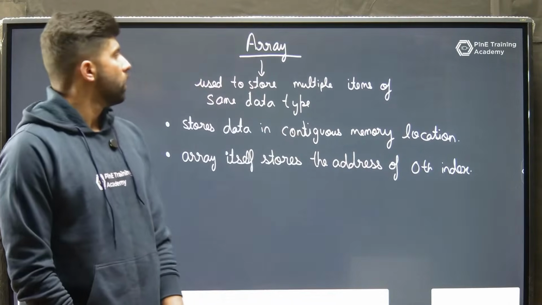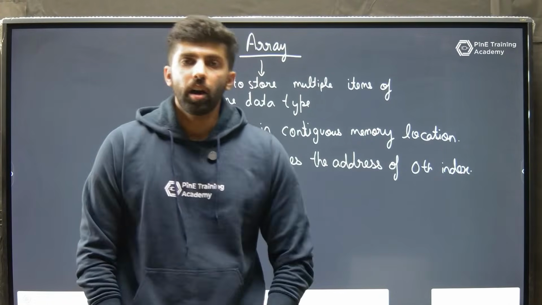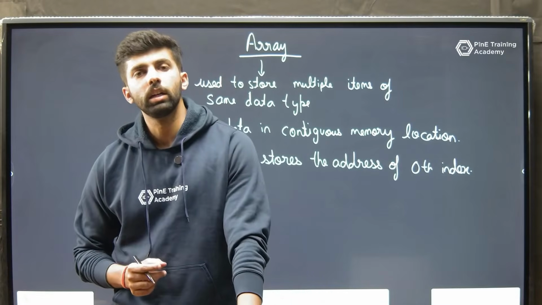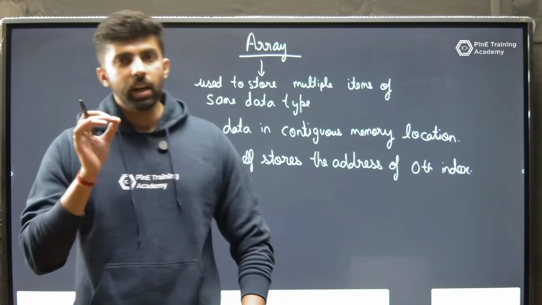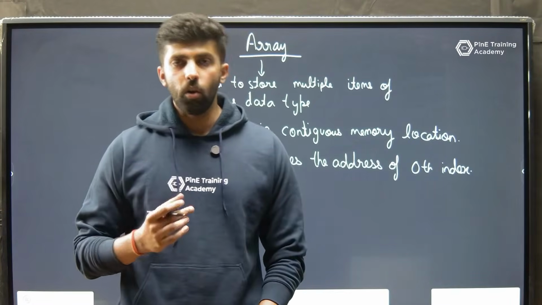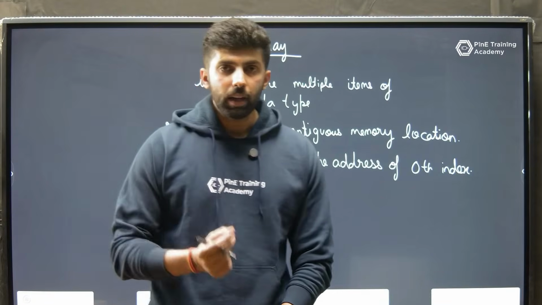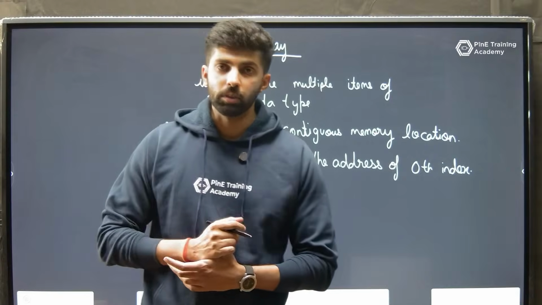Suppose you want to store 100 integer variables in your program. If you have to declare each and every individual variable on your own, it will be very difficult, plus you will not be able to remember all 100 names.